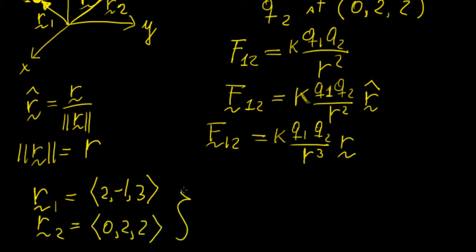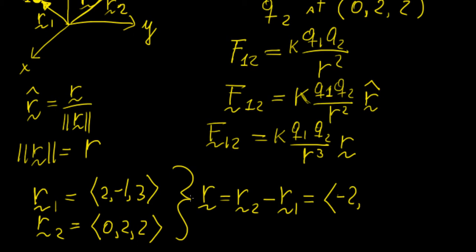So that implies that our vector r is just going to be r2, the endpoint, minus r1, and this is equal to the following. We take this minus that, so that's minus 2. And then we have r1, which is minus 1 here, so 2 minus minus 1 is 3. And then 2 minus 3 is minus 1.